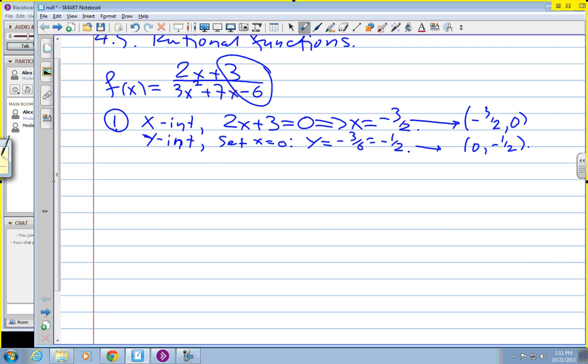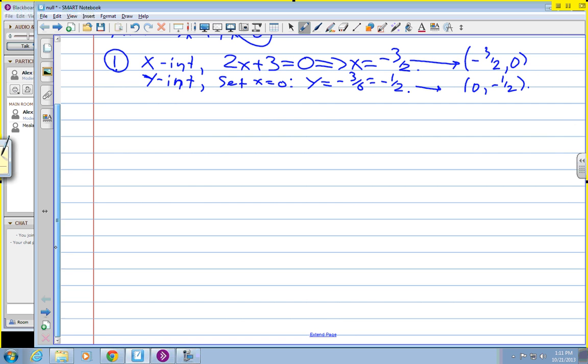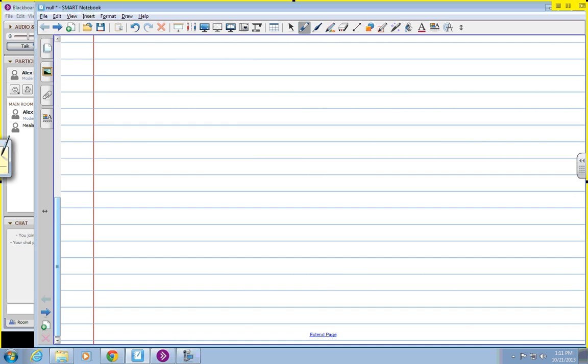So we can actually start sketching this thing. Negative 1/2 somewhere here on the y, and negative 3/2 is somewhere there.